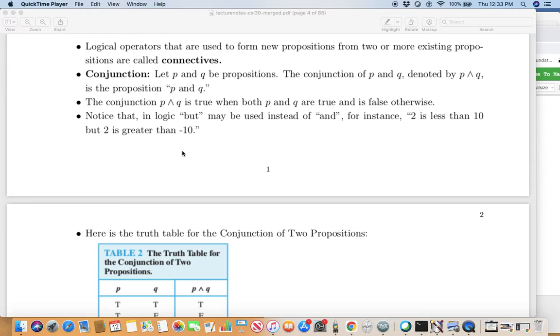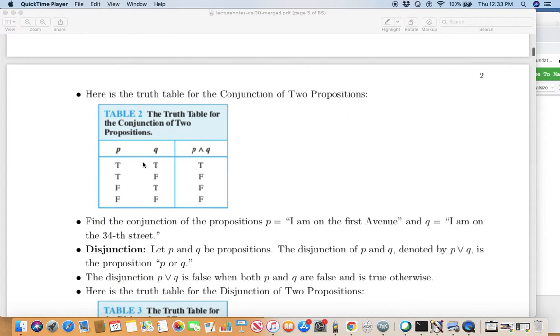Okay? Here is the truth table for the conjunction of two propositions. P and Q are propositions and P and Q is the result of the conjunction of P and Q. If P is true and Q is true, both true, then the conjunction is true.